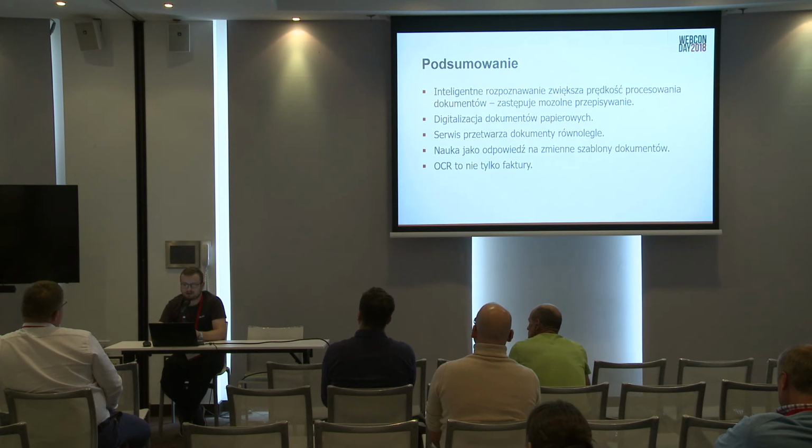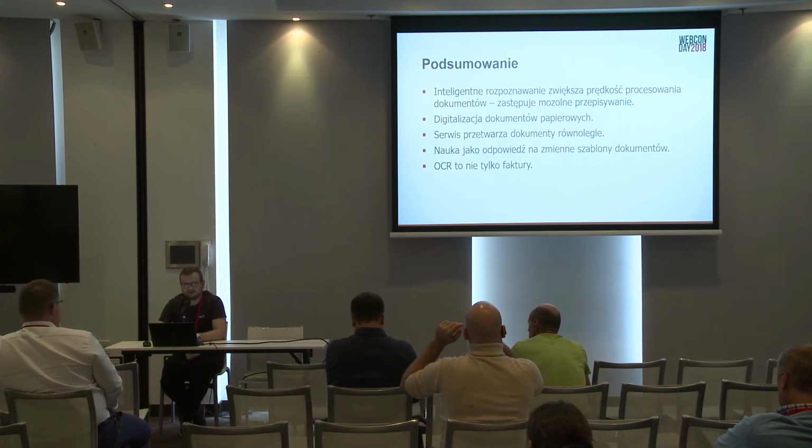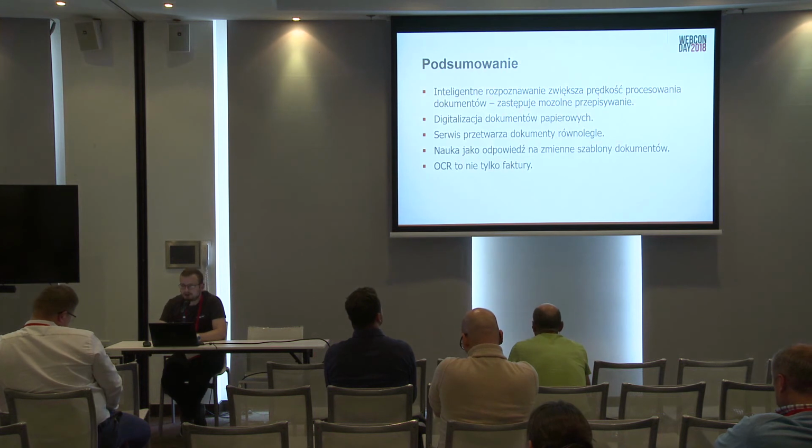If we bombard the system with a large number of documents, the system is going to be efficient nonetheless because it can process documents in parallel order. And with this learning mechanism, we can also respond to changing templates in documents.